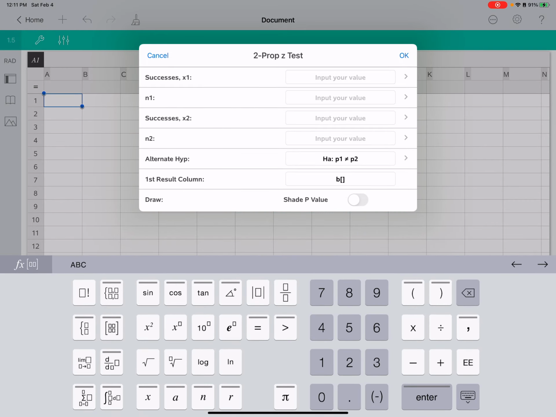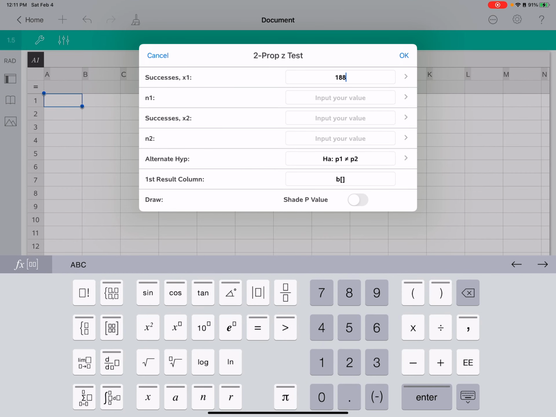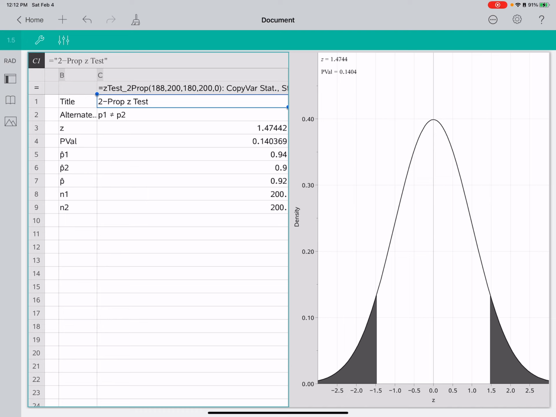My x1 was 188 out of 200, and my x2 was 180 out of 200, and my alternative hypothesis is not equal to. I forgot to show you why it's not equal to, but I'll show you in just a second. I'm going to hit shade so it'll draw it for me. Okay, and there I have all the information I'm going to need.